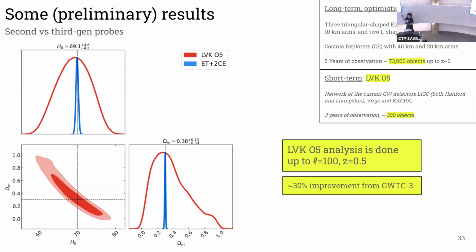Even so, it is a very interesting result, because it is a 30% improvement from the third transient catalog from LIGO, and it is a 4 kilometers per second per megaparsec error. So it is still something nice. We can compare with LIGO and try to make the bridge between both analyses.